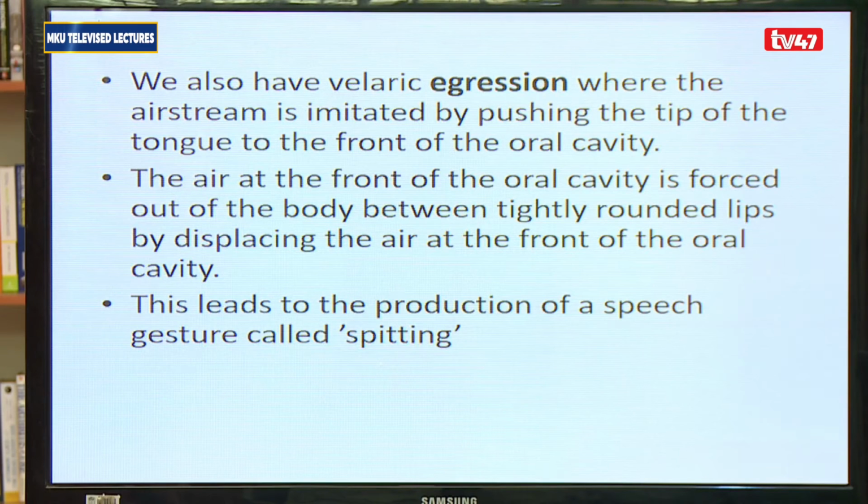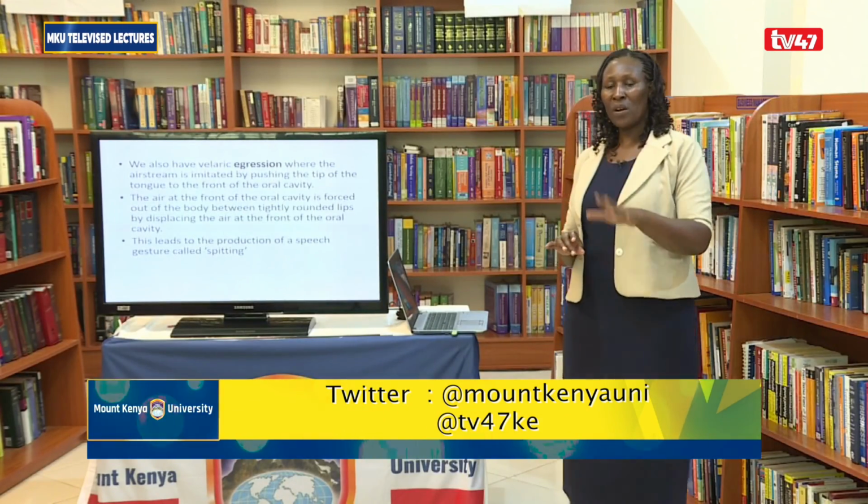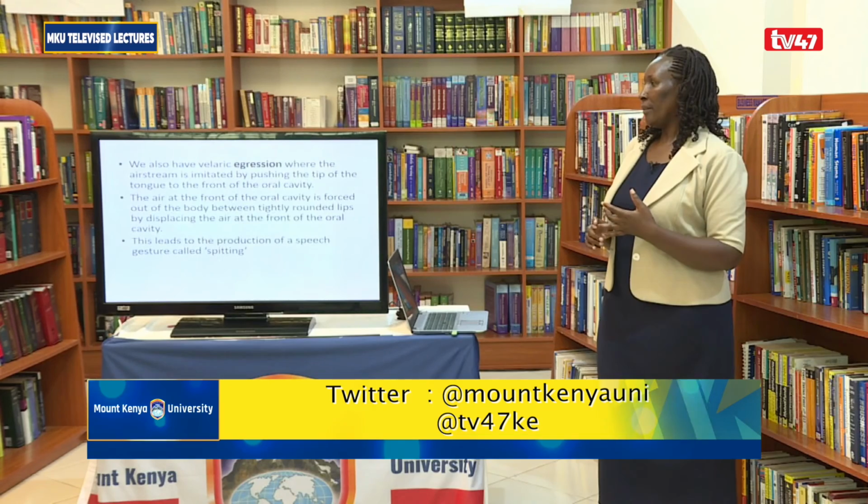Now, we also have the velaric egression. This happens when the airstream is initiated by pushing the tip of the tongue to the front part of the oral cavity. Here we have the tip of the tongue being pushed to the front part of the oral cavity.